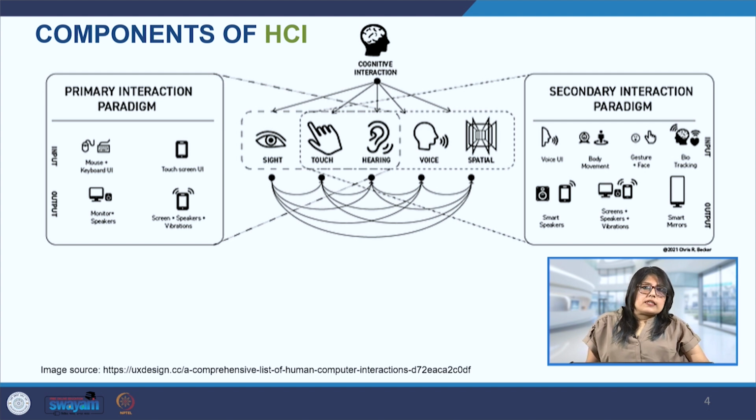Some of these secondary interaction paradigms are multimodal interaction, which combines multiple interaction methods like voice commands along with touch or gesture. For example, in a smart car, the user might use voice commands for the navigation system, and also the touch screen to zoom in on the map or check their current position.